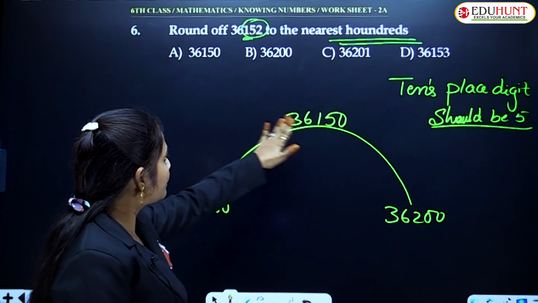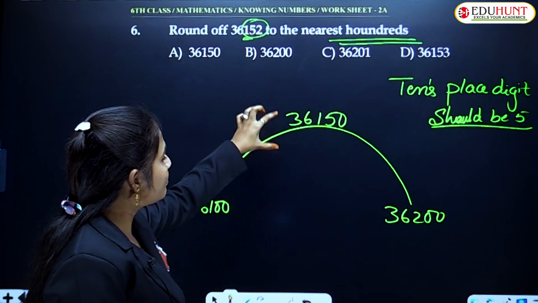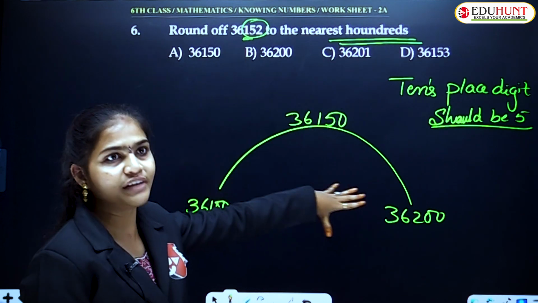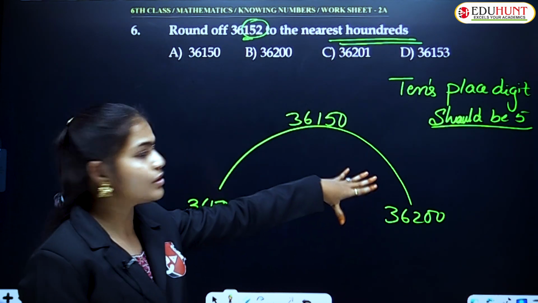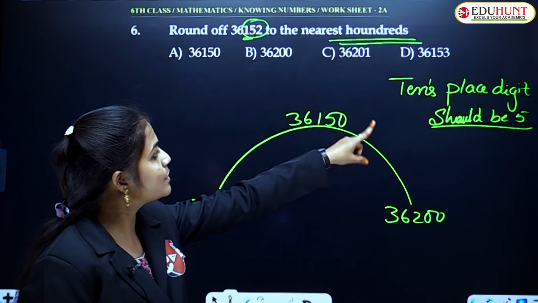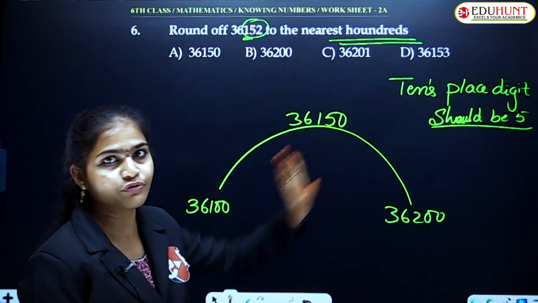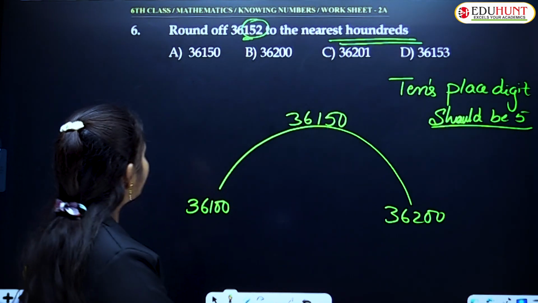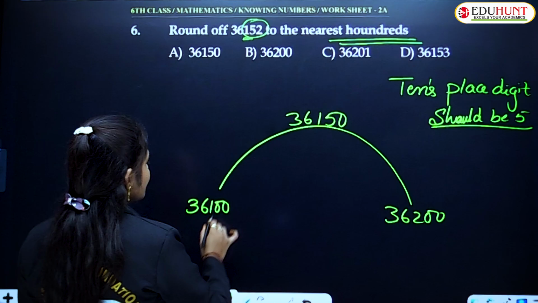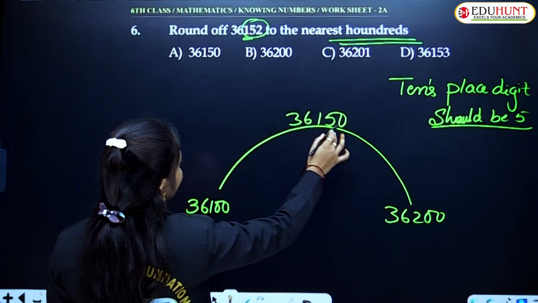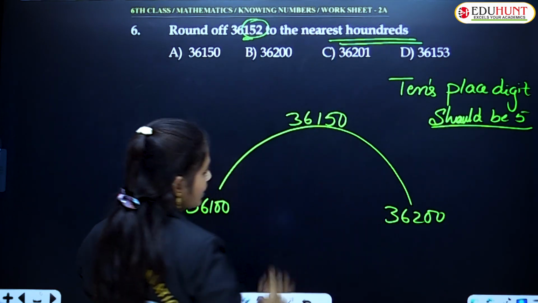Okay? But come to here, this is the middle number, which is greater than 50, that we have to take here. Understood? Why? Because here the tens place digit should be equal to 5. Now take 36,100 and here 36,150, 36,200.